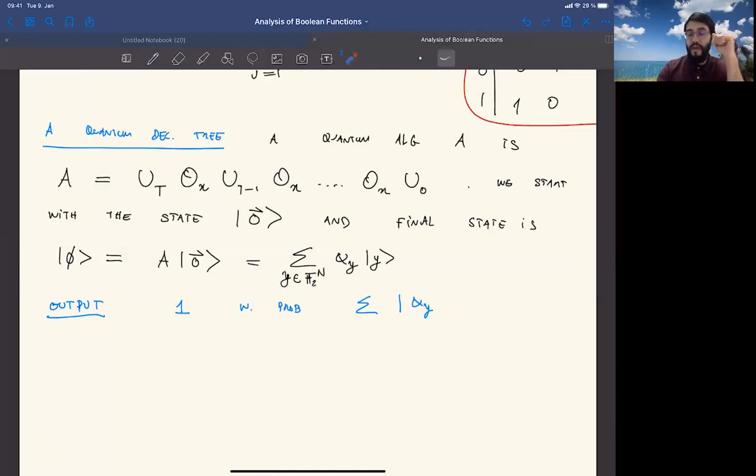So you look at those strings which end with 1, and those which end with 0. Those which end with 1 have a cumulative probability, which would be the sum of the squares of the alpha of those strings. That would give you the probability of being 1. And it's similar for 0: the sum of the squares of the alpha of the strings that end with 0 would be the probability of being 0. So 1 with probability.